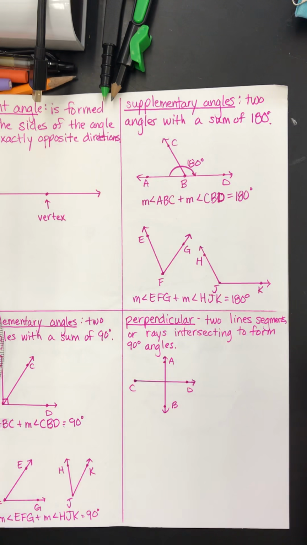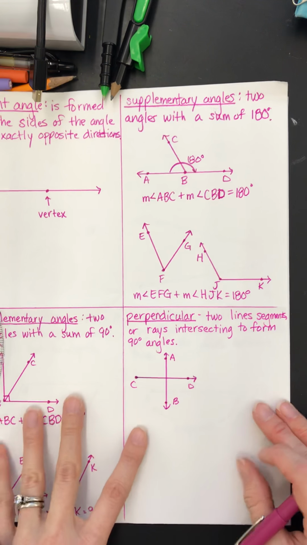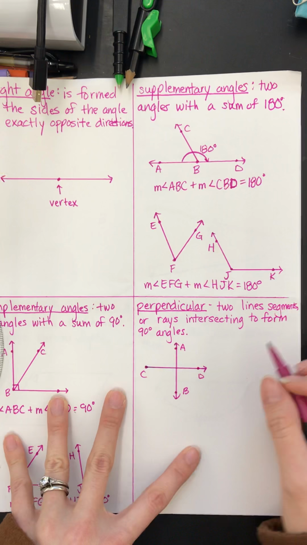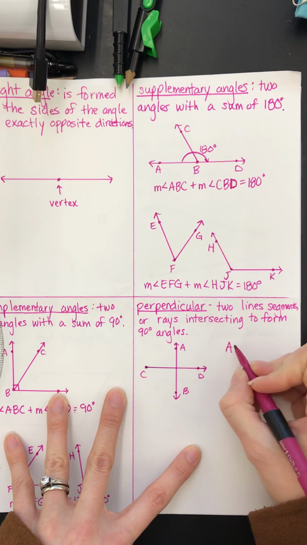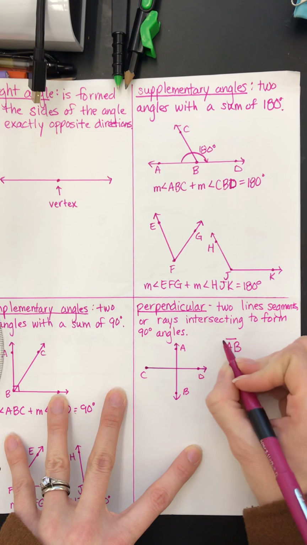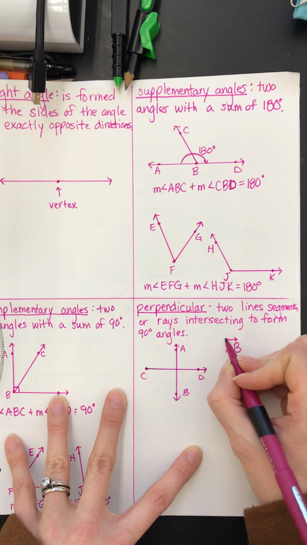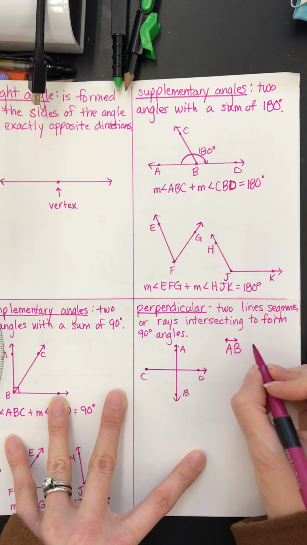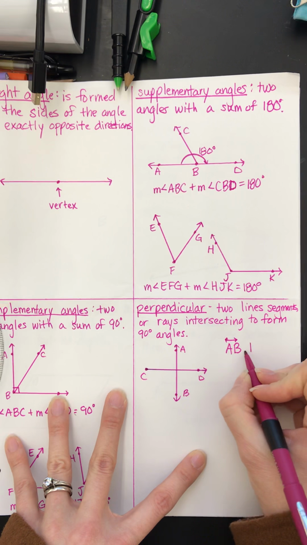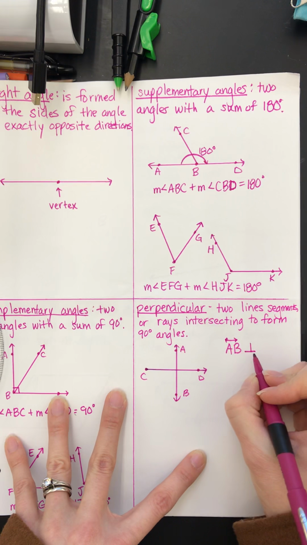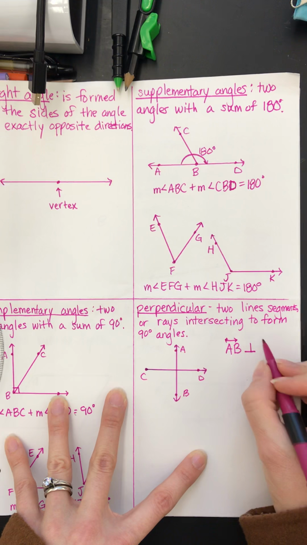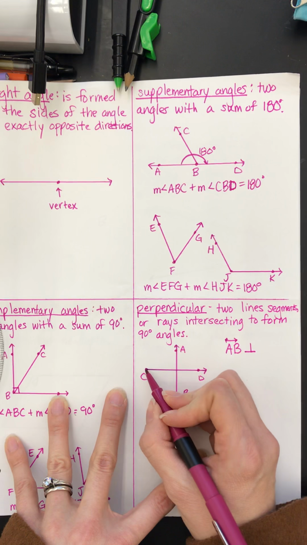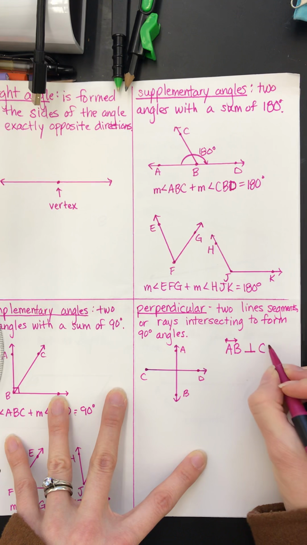Okay, so what this looks like when we write it out is we are going to say line AB. Remember, it has the line over the top with the two pointers to show that it goes on infinitely. And the perpendicular symbol looks like this. So we have line AB is perpendicular, and now this is a ray, so we're going to say ray CD.